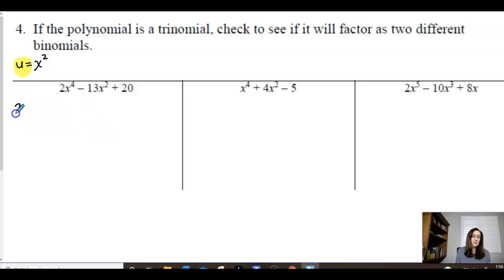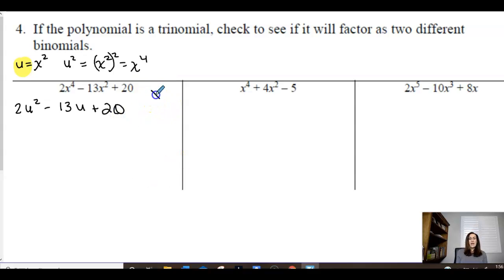So then you would have 2, and then x to the 4th is going to be U squared, because you have u, which is x squared, and you have 2 of those, which is x squared squared, which is x to the 4th. So 2u squared, subtract 13u plus 20.